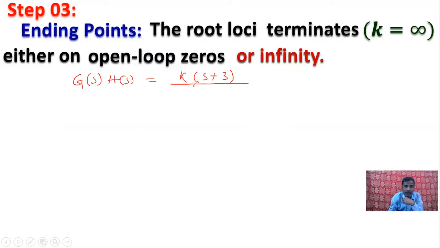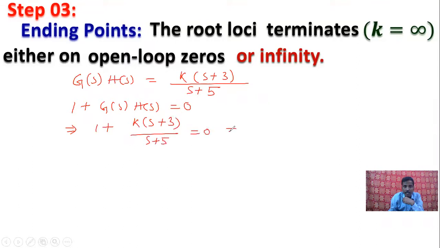This is just an example. Then the characteristic equation is 1 plus G of s, H of s equals 0, or 1 plus k(s plus 3) over (s plus 5) equals 0. This is equivalent to s plus 5 plus k into s plus 3 equals 0.